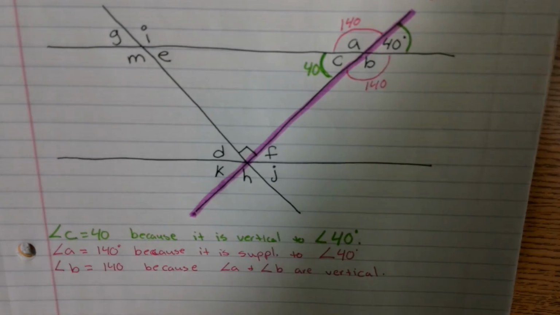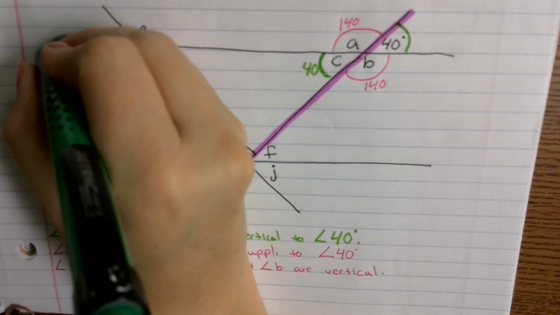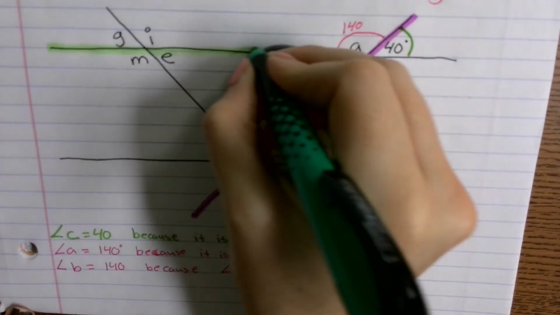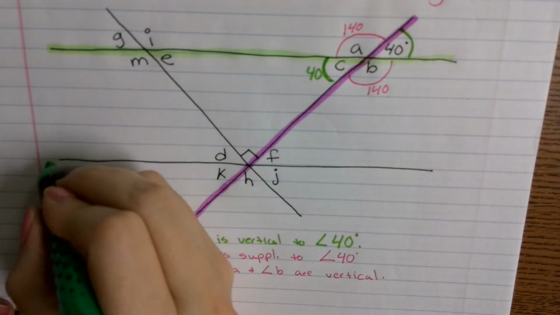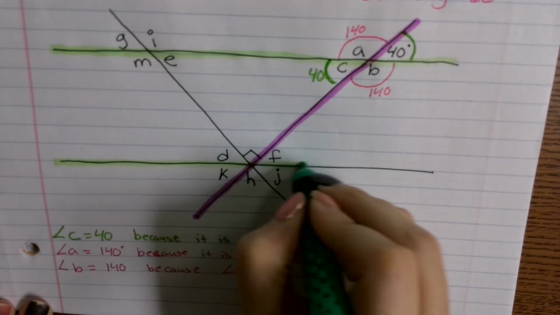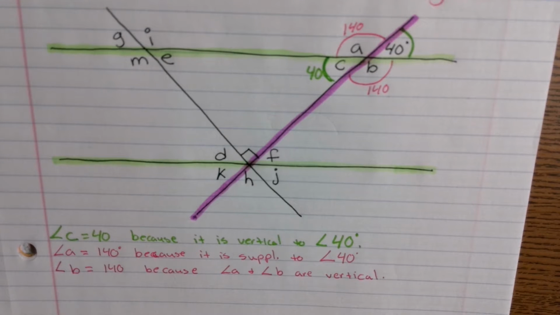I'm going to go ahead and highlight my parallel lines with green. And just by making that highlight, I can now see what's going to translate down.